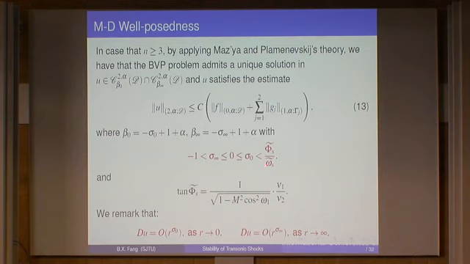I remark that sigma 0 and sigma infinity are important because Du relates to the velocity, so it behaves as r to the sigma 0. Since we need the velocity to be bounded, we need sigma 0 to be positive, not negative.